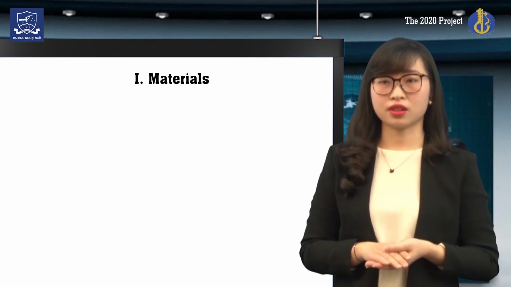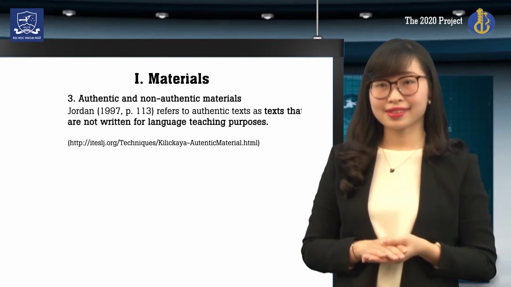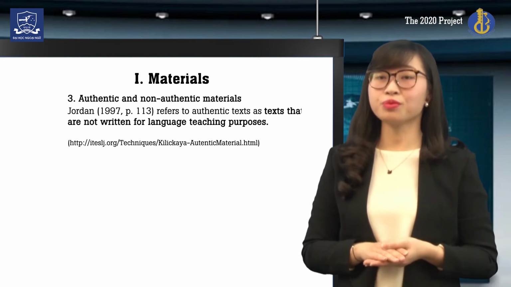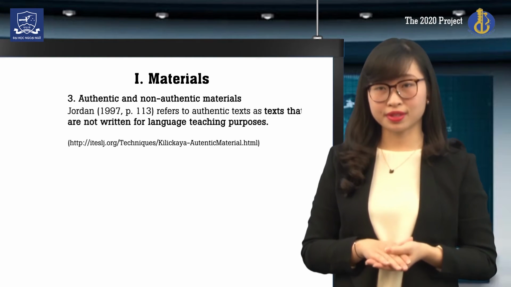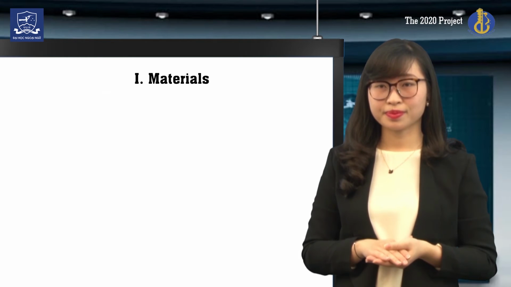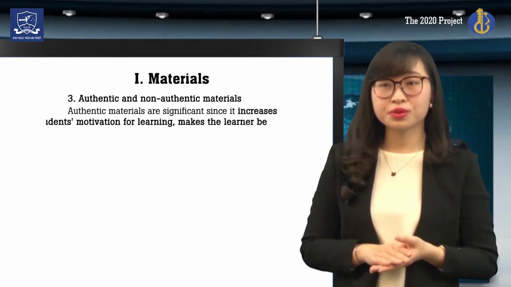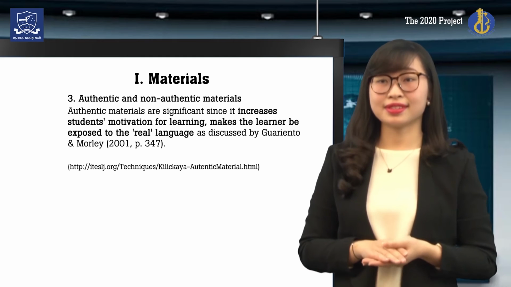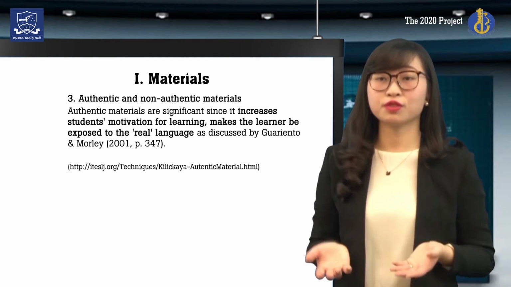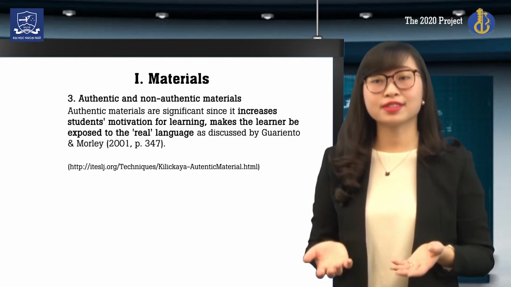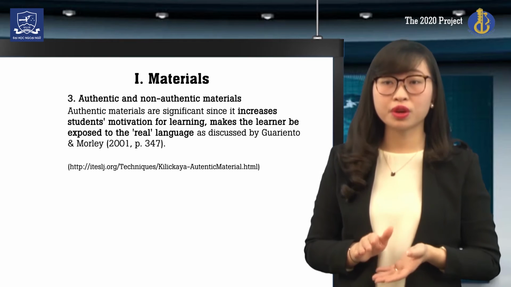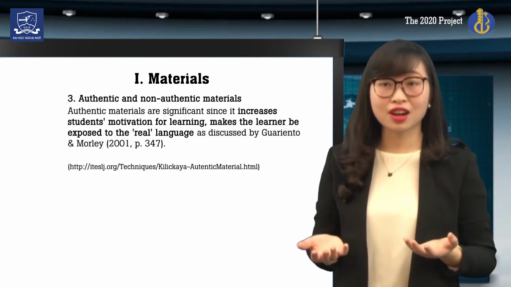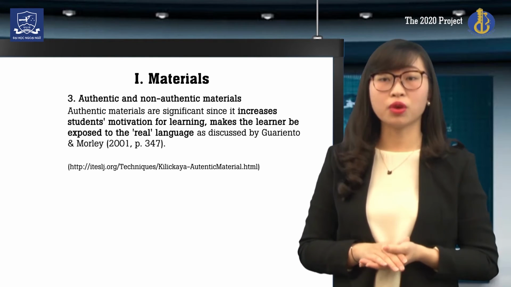According to Jobin, authentic texts are texts that are not written for language teaching purposes. Authentic materials are significant since they increase the students' motivation for learning and make the learner be exposed to the real language, as discussed by Garanto and Molly.